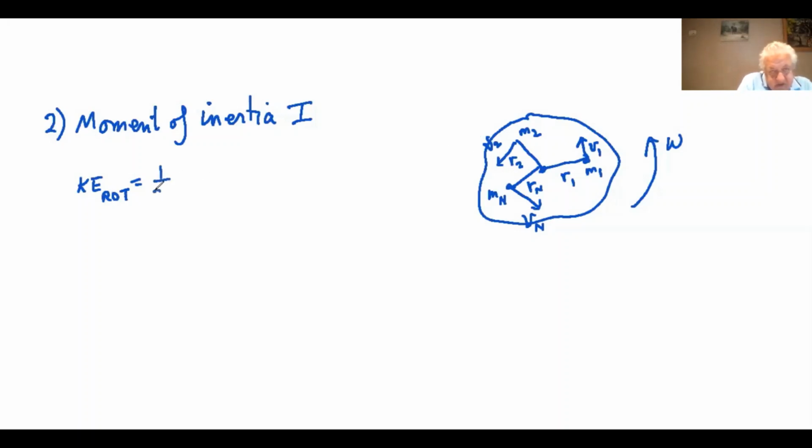So this is a half m1 v1 squared plus a half m2 v2 squared. And I add all of them up, this really goes to a very large number, but we'll just pick a few points.